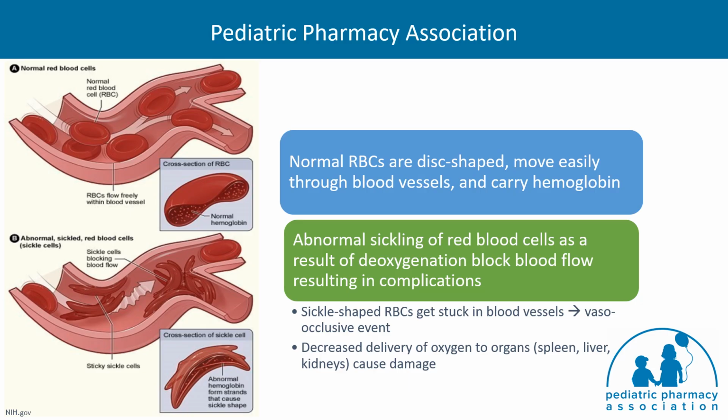So those sickle-shaped red blood cells will get stuck in the blood vessels, leading to vaso-occlusive events, and ultimately decreased delivery of oxygen to our organs, such as our spleen, liver, and kidneys, which can cause damage and long-term complications.